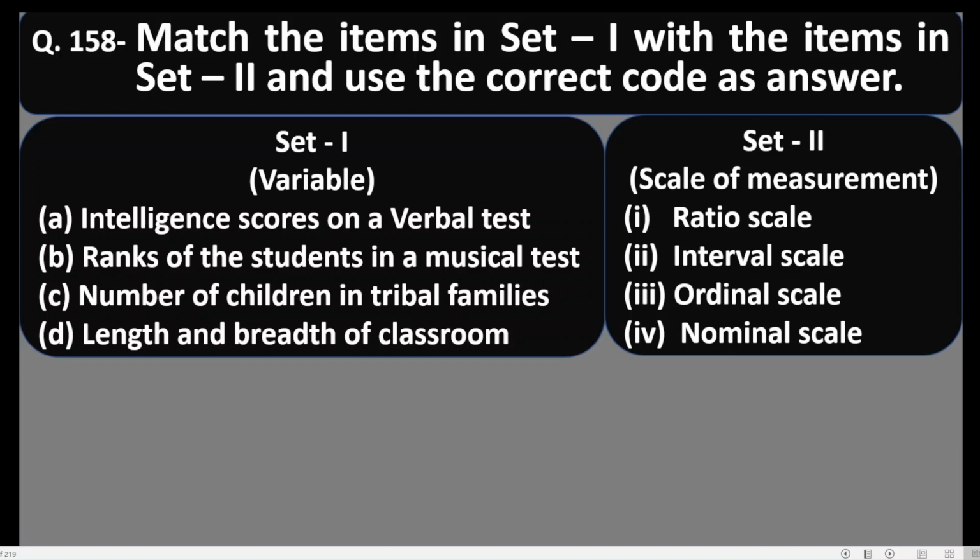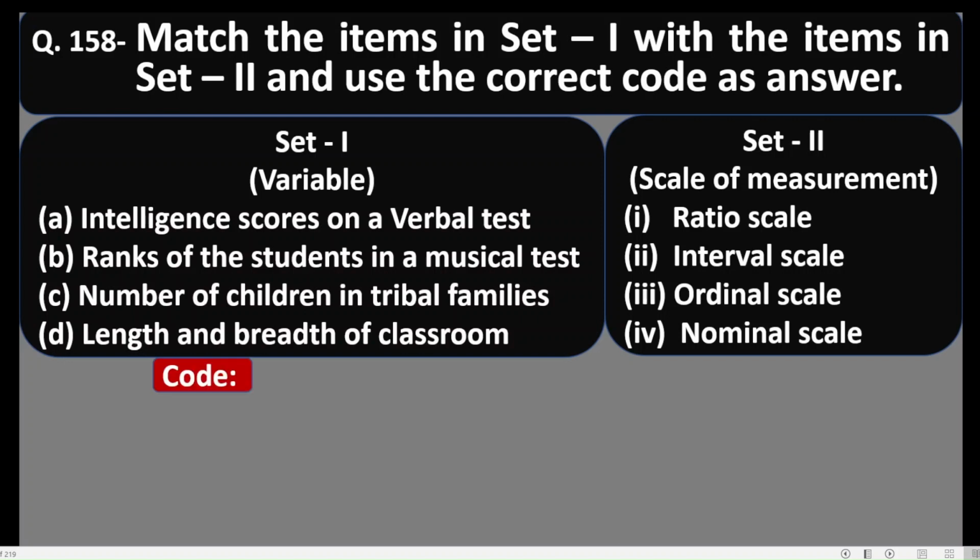Ranks of the students in a musical test, it is already written ranks, so it is ordinal scale, which is third number in set 2. In C of set 1 it is written number of children in tribal families, means the data are obtained in frequency, number of children is there, so it is nominal scale. Nominal scale is number 4 in set 2. And in D of set 1 it is written length and breadth of classroom. So here ratio is maintained, so it is ratio scale.